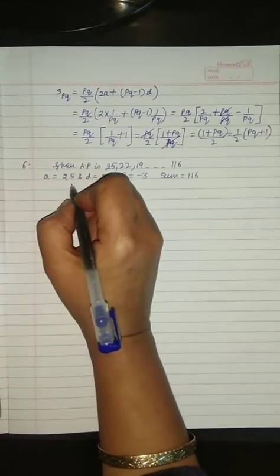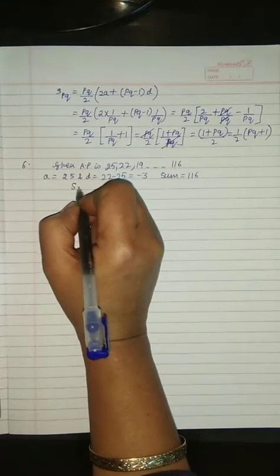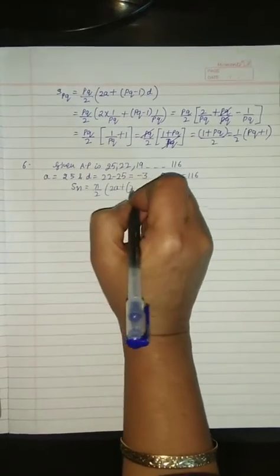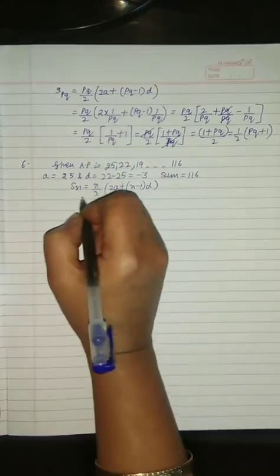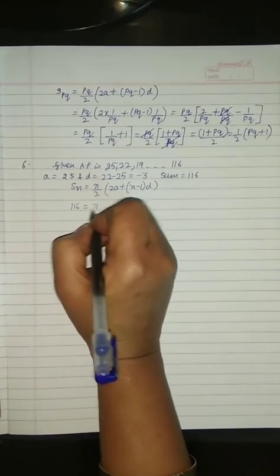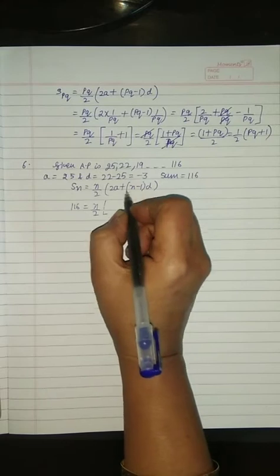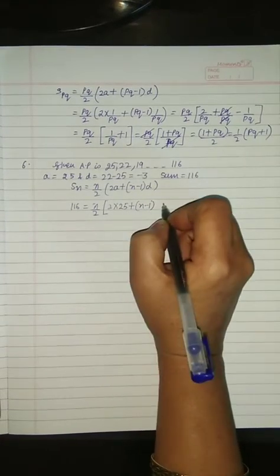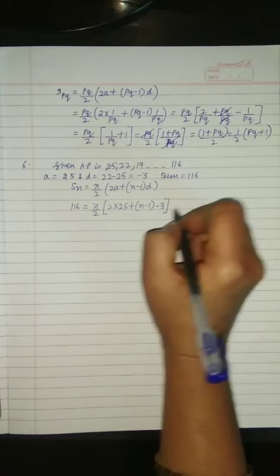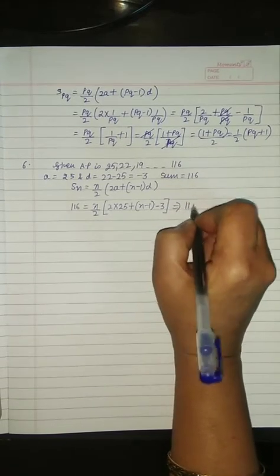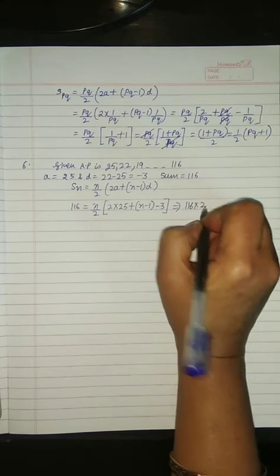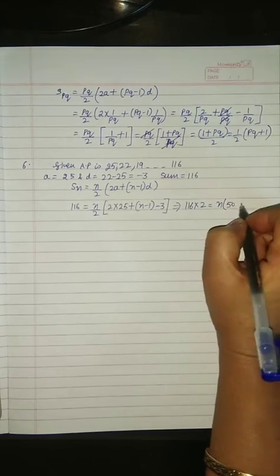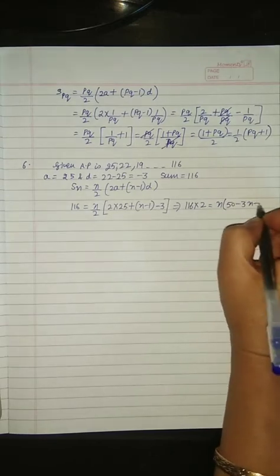So we will write Sn is equal to n by 2 times 2a plus n minus 1 into d. Then the sum is 116, so n by 2. Now a is 25, so it is 2 into 25 plus n minus 1, d is minus 3. Now it will become 116 into 2 on cross multiplying, is equal to n times 50 minus 3n plus 3.